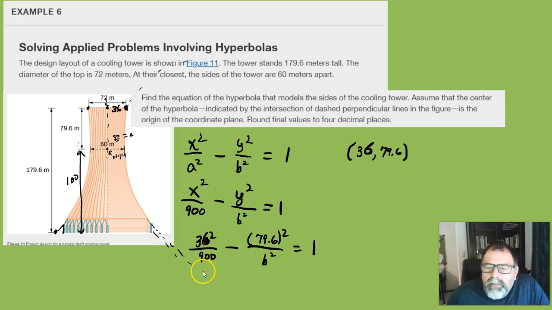So let's see. Let's just subtract the 36 squared. So 79.6 squared over b squared equals 1 minus 36 squared over 900.